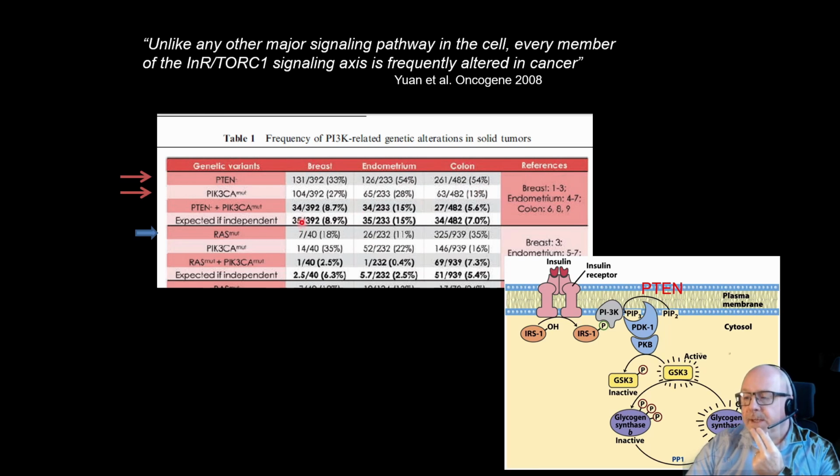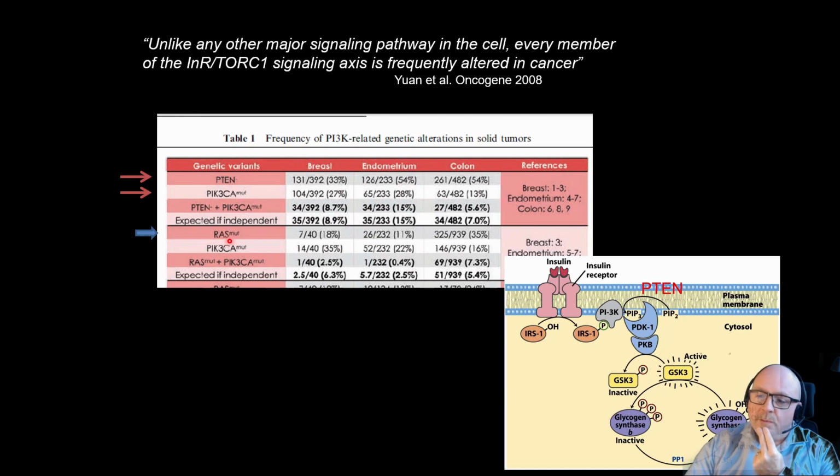How many times do they occur together? Not so much. So taking them together, in endometrial cancer, 54 plus 28, that's 82. 82% of endometrial cancers have overactive insulin TOR signaling.